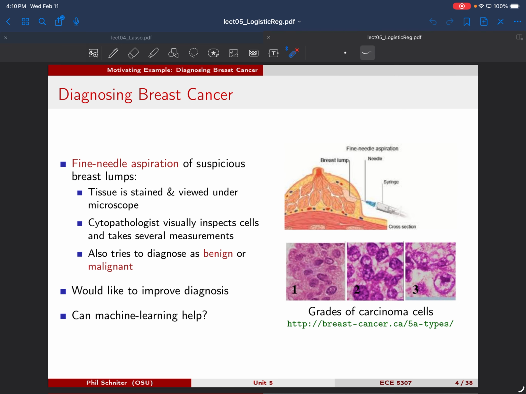In particular, it's about a procedure where some tissue is stained and viewed under a microscope, and an expert visually inspects the cells and translates what they see into several measurements. Those measurements are treated as features, and the target is whether the tissue is benign or malignant.